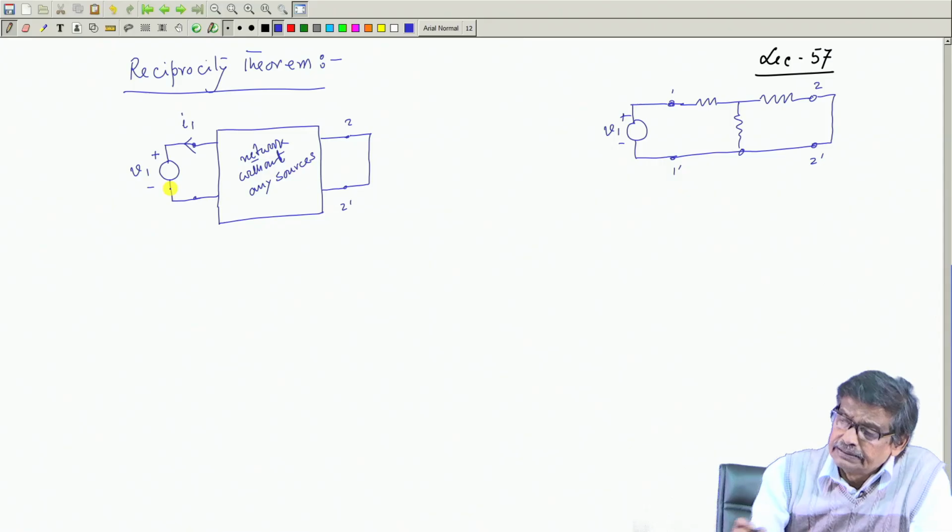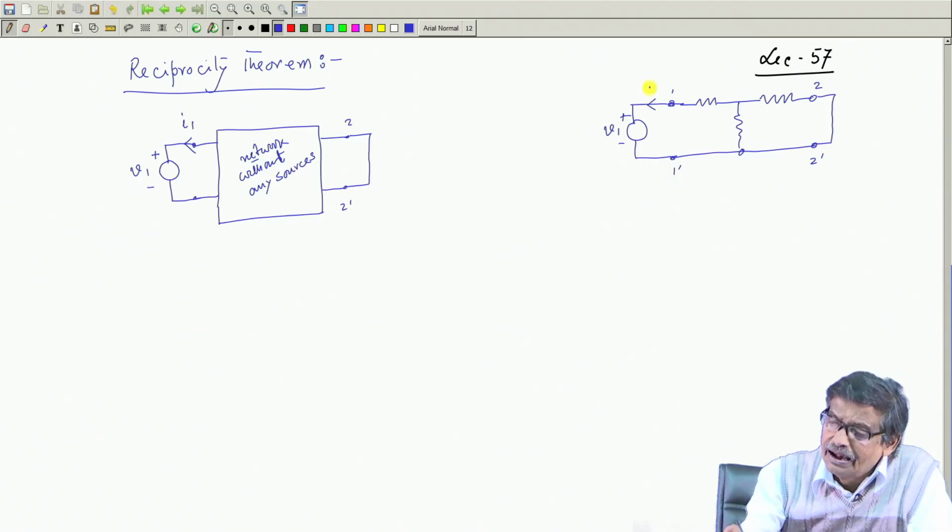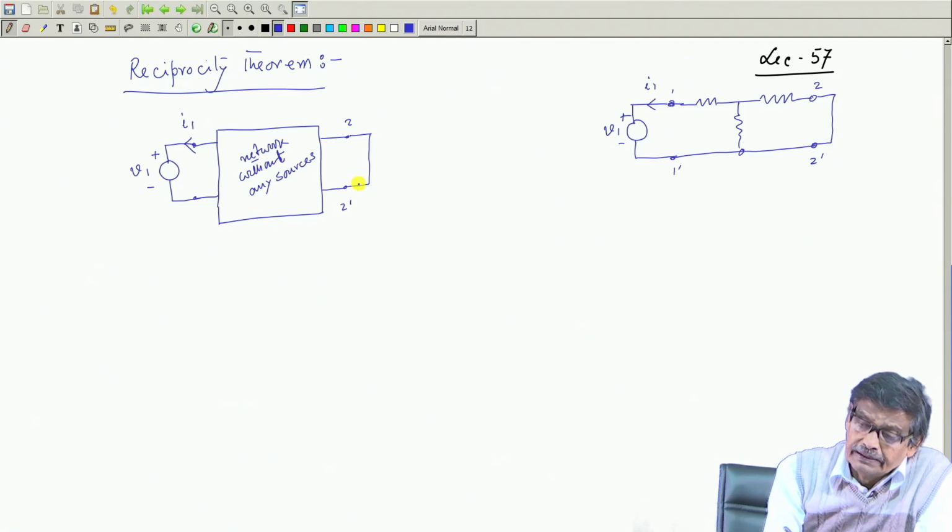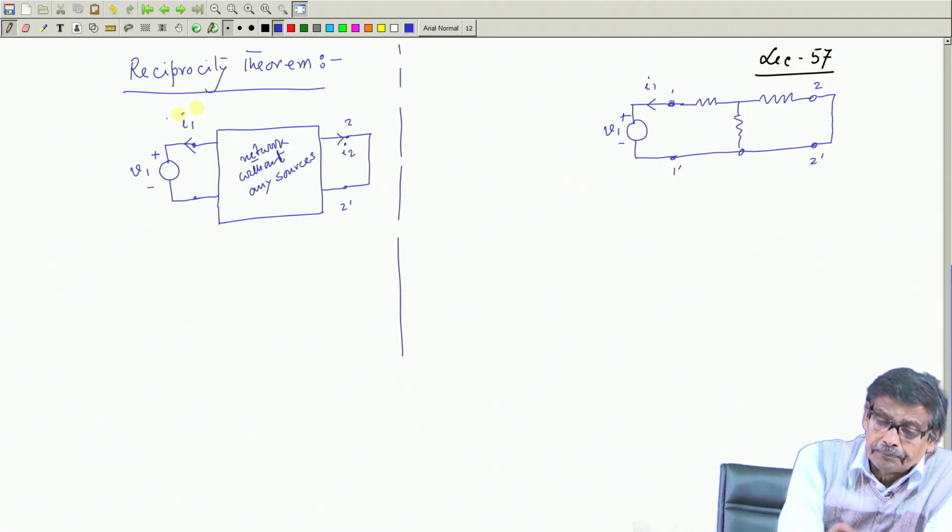In this case, this current I am assuming I1, and the current here is suppose I2, and this I will call network A.